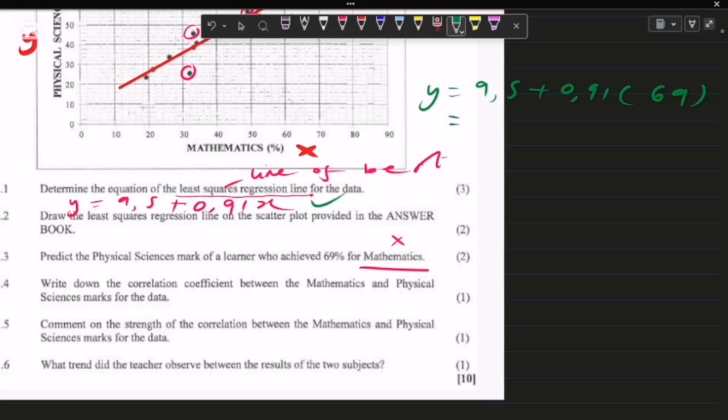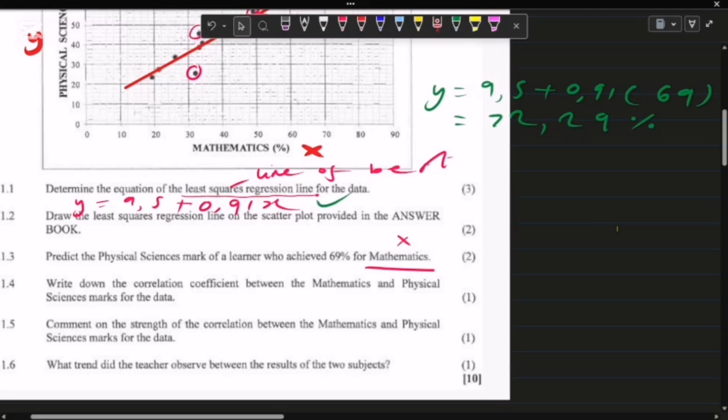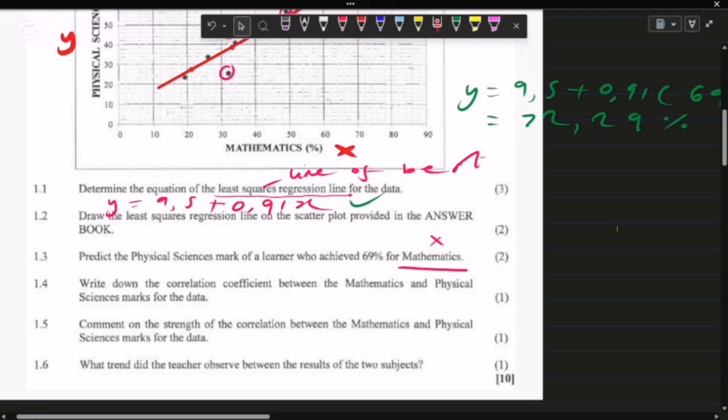9.5 plus 0.91 times 69, and then let's see what we get. We get 72.29%. So this is the physics mark for a student that achieved 69% in mathematics.